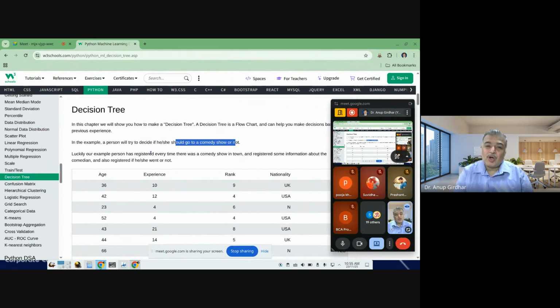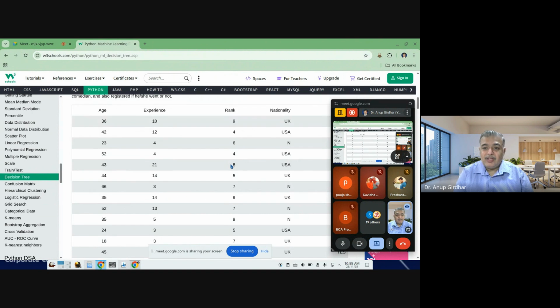Either you go to the comedy show, stand up comedy, or you want to go to some poetry recitation sort of thing, or you want to watch a movie, or you want to go to any mall, or whatever. Let's say we have some different choices, and out of that, which one is better, depending upon your age, your level of experience, and some ranking given to it.